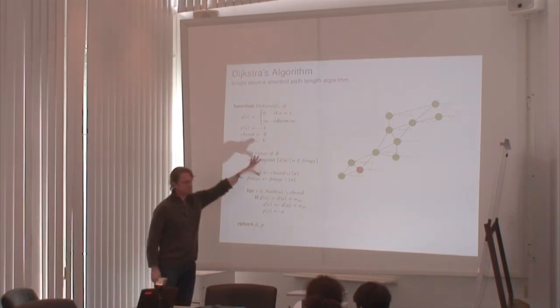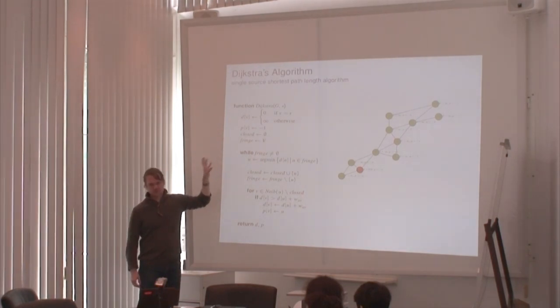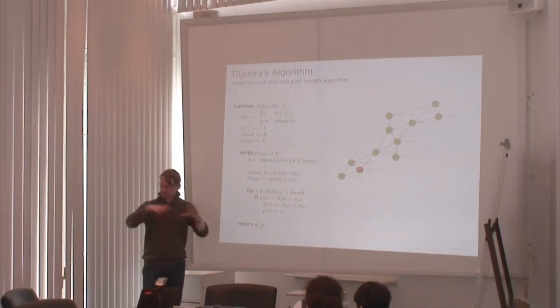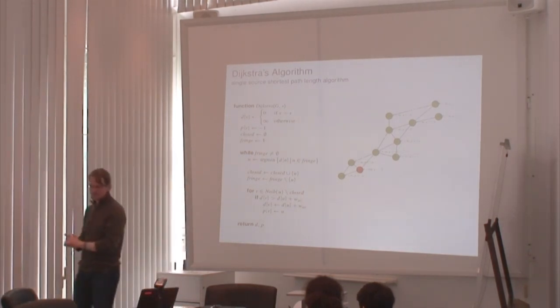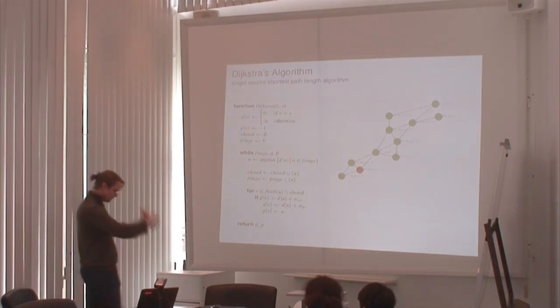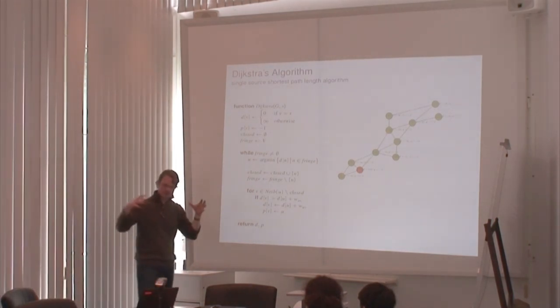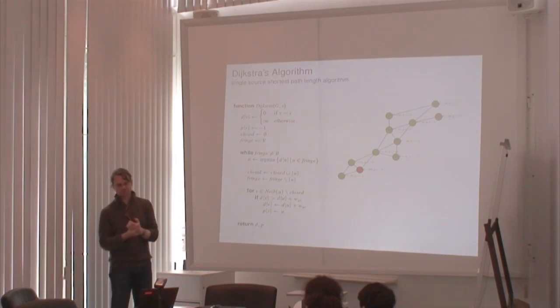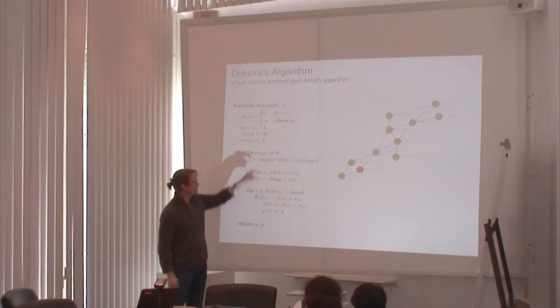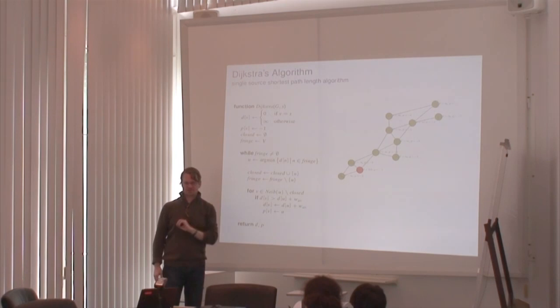As long as the fringe is not empty, which it is certainly not at this point, because every node of the graph is in the fringe, we select a node out of the fringe for further examination. And the node we select is the one with the lowest distance value.